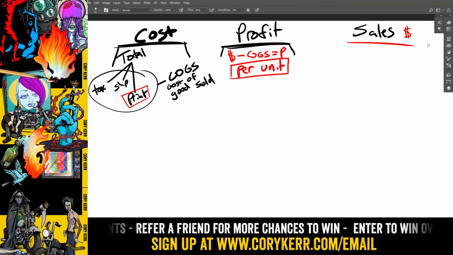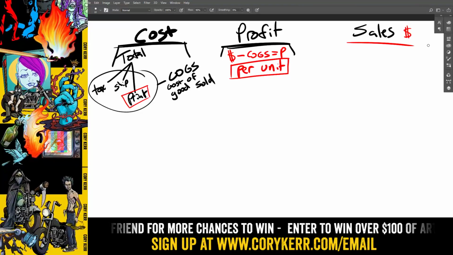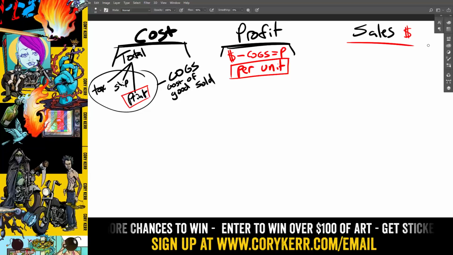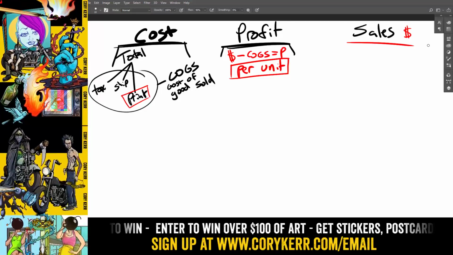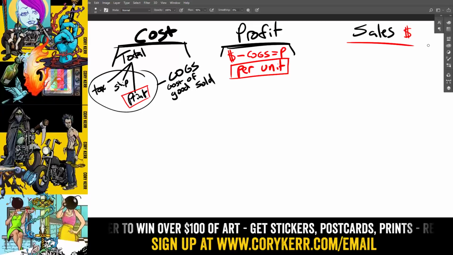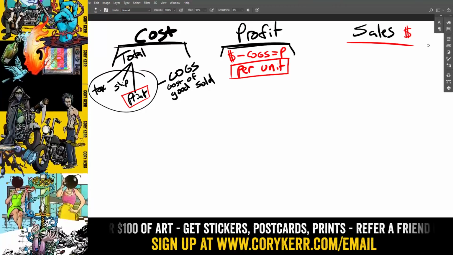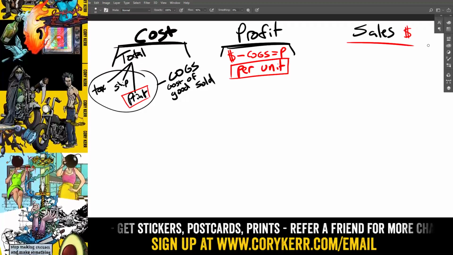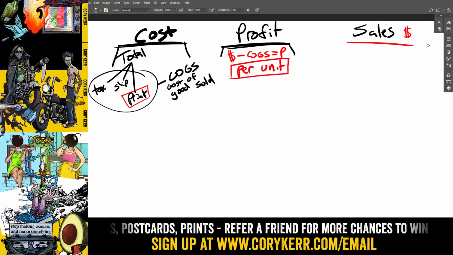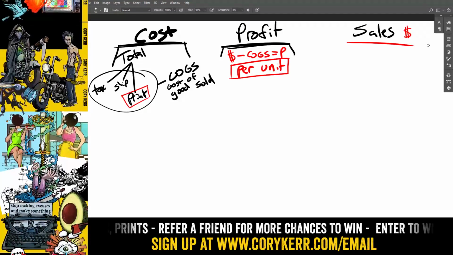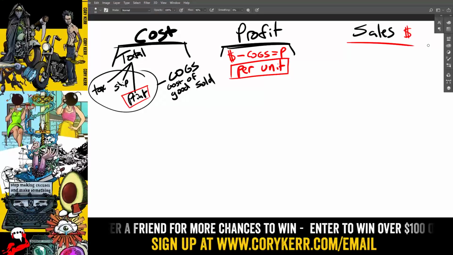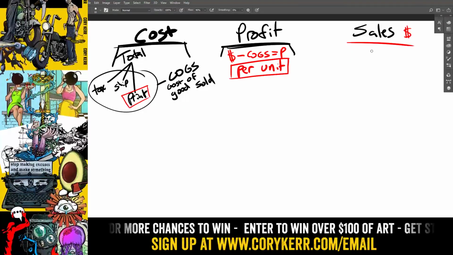Then sales. There's a couple different ways to look at this, and I'm just going to go off of the most simple way, which is what did you sell it for? What was the per unit sales number? Meaning there's MSRP, there's MAP, all these different things. But the actual money that changed hands, that's what I'm going to talk about with sales.